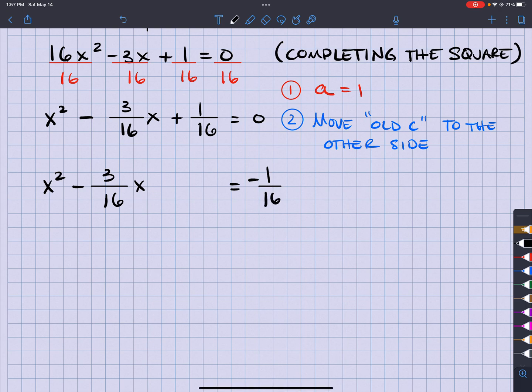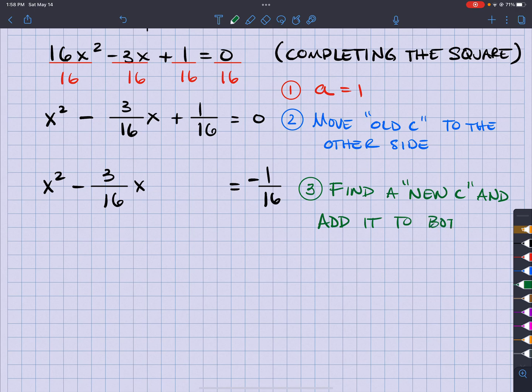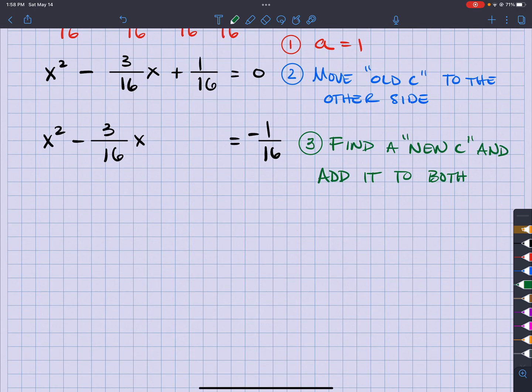Okay. So with that being said, what happens when you get rid of your old c? Kick them out the door, you find a new one. So step 3 is going to be find a new c and add it to both sides.